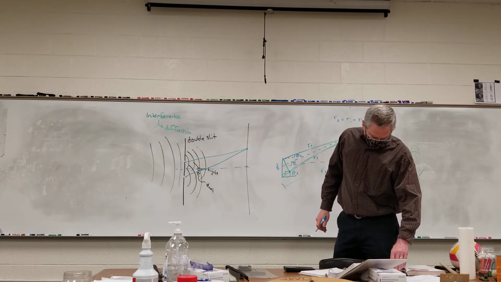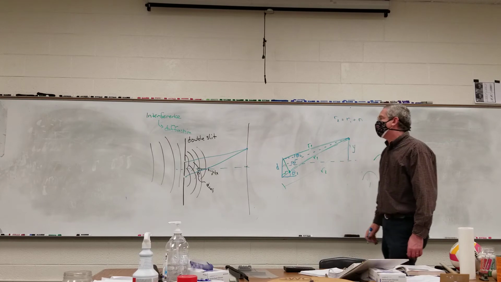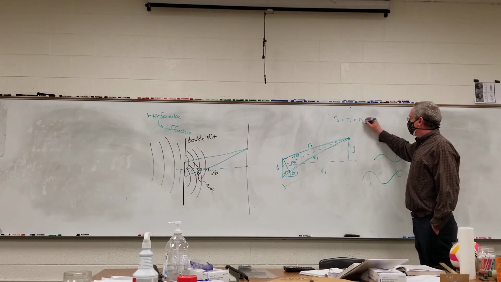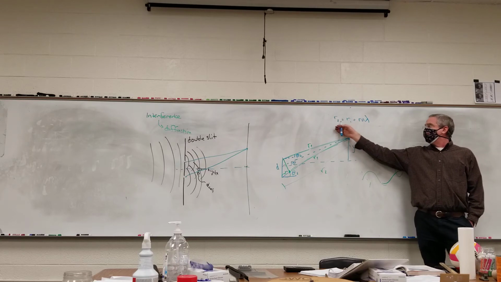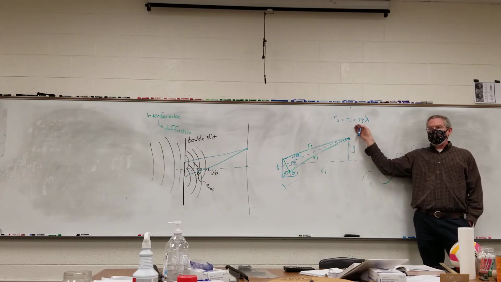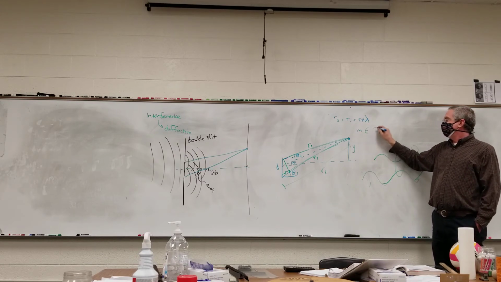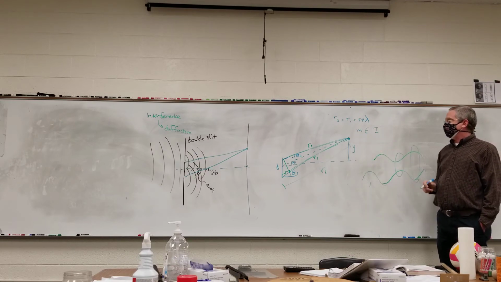Is that the medium it's traveling through? Oh, no, this is just, let me use a different letter. So, if R2 is equal to R1 plus some integer times the wavelength, M is an integer, M is an element of integers, times the wavelength, then we get a bright band.